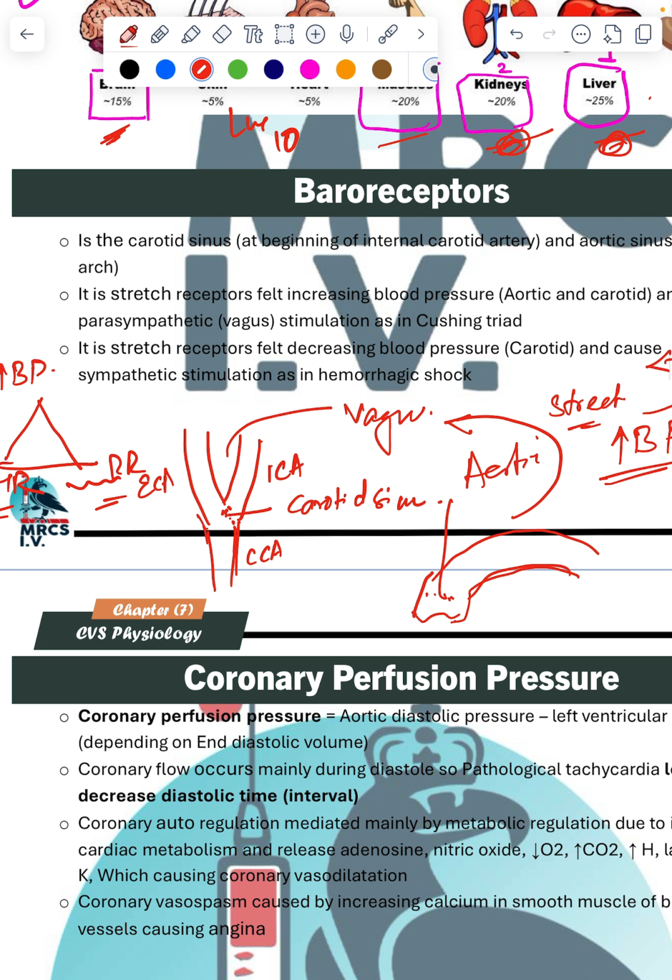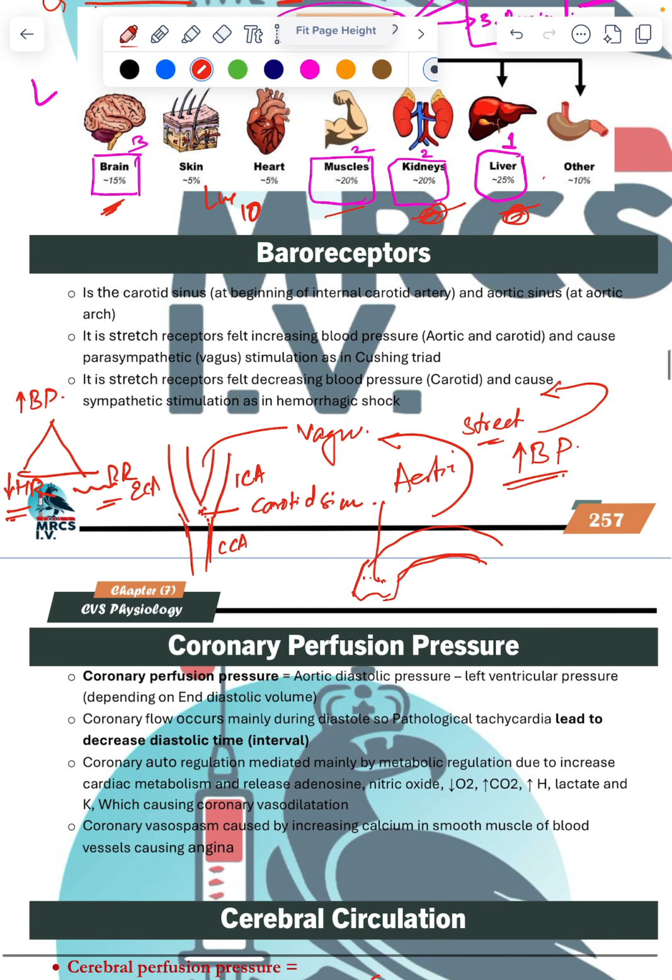The stretch receptors in the carotid feel decreasing blood pressure and cause sympathetic stimulation, as in hemorrhagic shock. This carotid sinus is detecting the decreasing blood pressure, and they cause vasoconstriction and try to increase it.